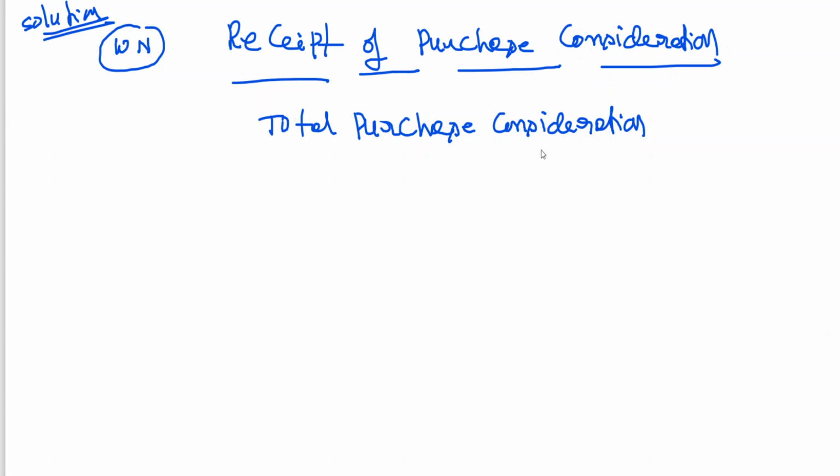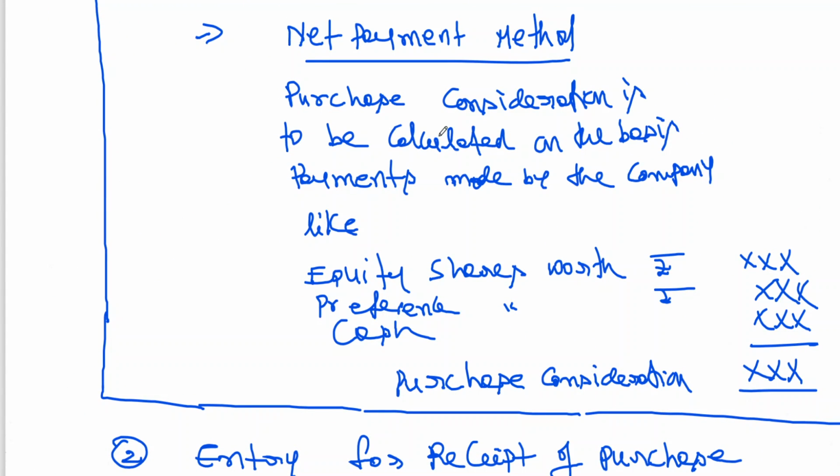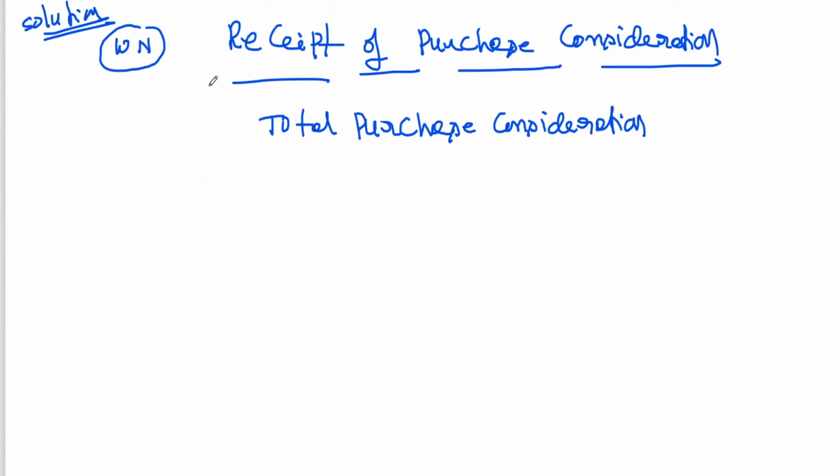It is nothing like the net payment method we have discussed. Here the purchase consideration is calculated on the basis of payment made by the company, like equity shares, preference shares, cash. That is what has been mentioned. Of course, the total amount has also been given in the problem.